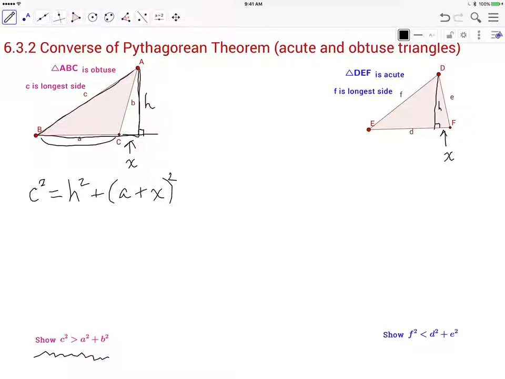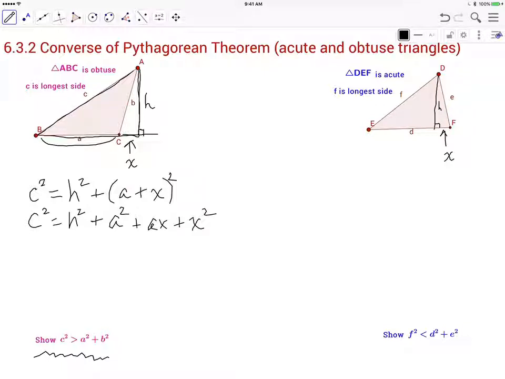And what happens is that we then look at this. C squared is equal to h squared plus a squared plus ax plus x squared, okay?